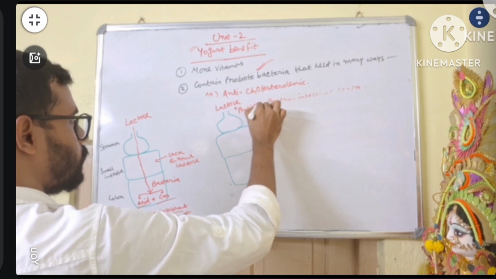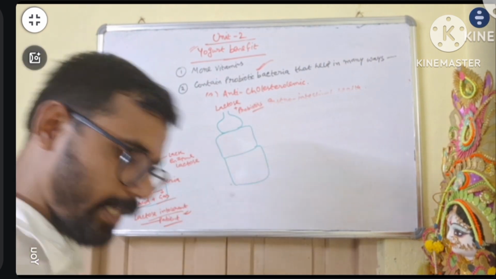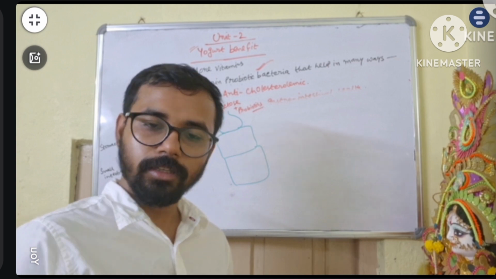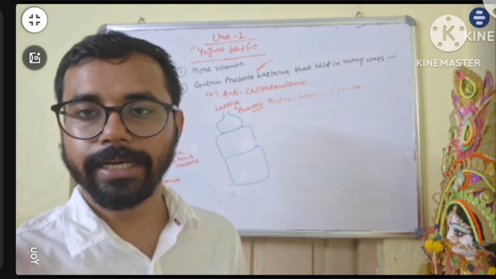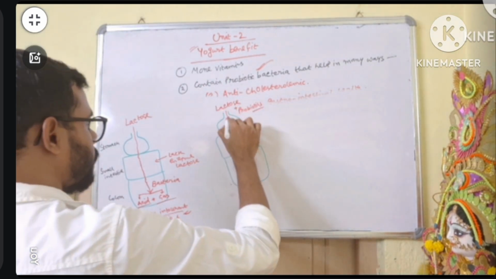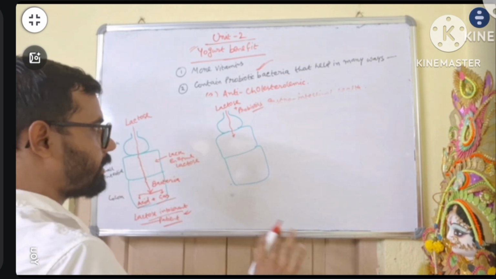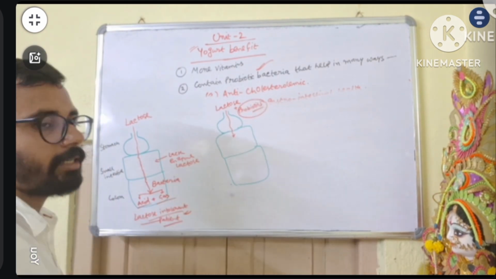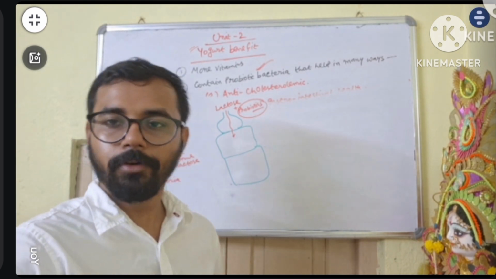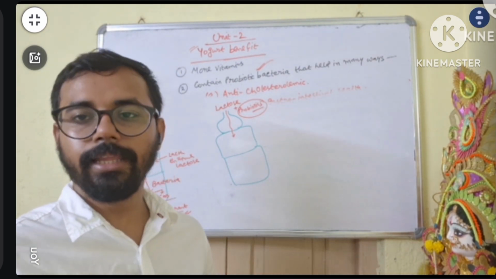Yes or no? Yogurt too. Yogurt contains lactose, a small quantity of lactose, as well as probiotics, that means bacteria also. Enter into the stomach and small intestine. They do not have any lactase, but still they have the probiotics. They have the probiotics, and probiotics cleave the lactose.